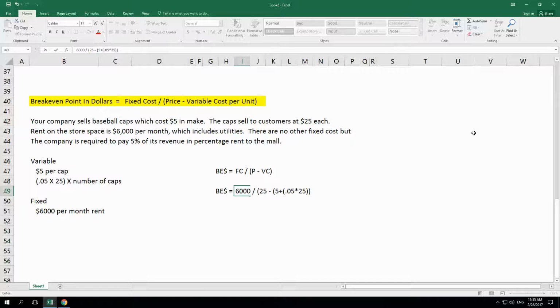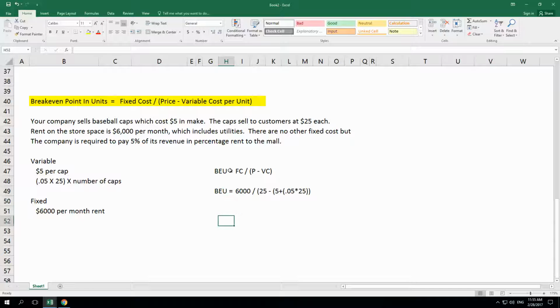So we may need to put that in, and I have that labeled wrong too. We're trying to do break even in units. We're calling it dollars, but we're not looking for the dollars, so we can call this break even in units.